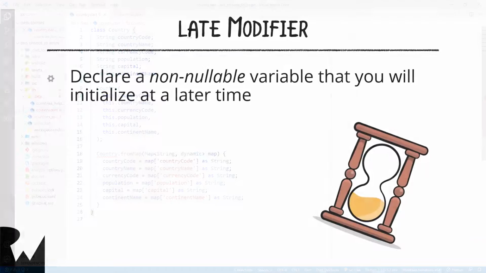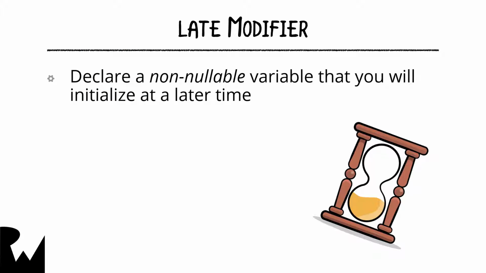A solution can be using the late modifier. You can use late when you want to declare a non-nullable variable that you will initialize at a later time. This allows you to have non-nullable and final fields and setting them at any time in your code.